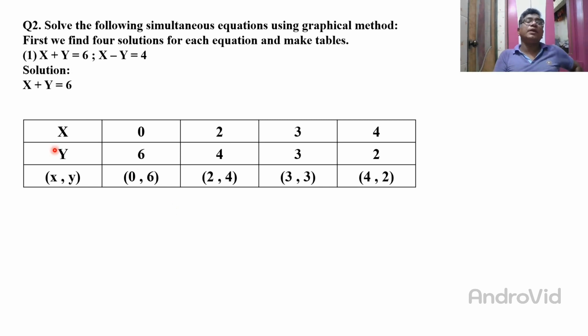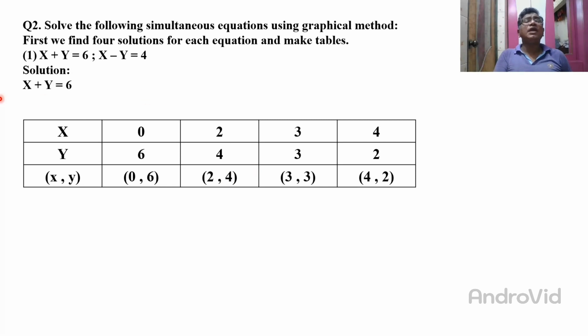Okay. In such a way, you get x value 0, so y value 6, because 6 minus 0 gives 6. So (0, 6), because the x value is written first, then the y value. Then x value 2, so 6 minus 2, what remains? 4. So y value 4, so (2, 4).